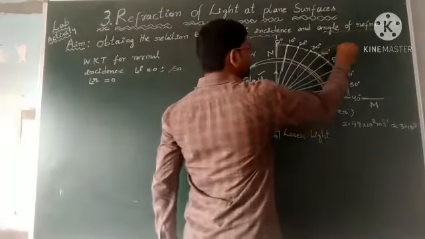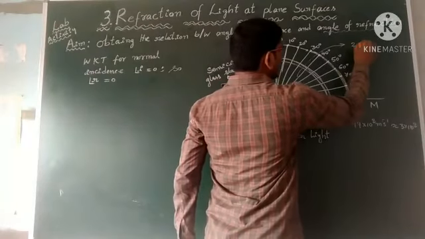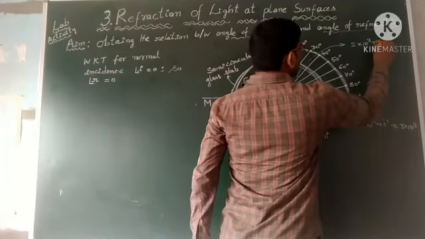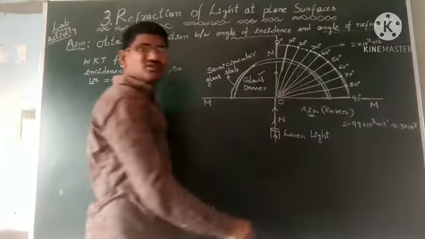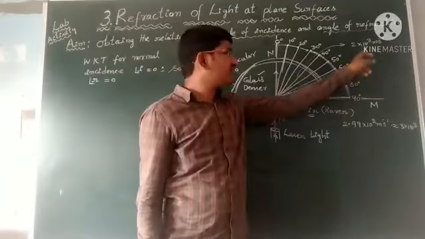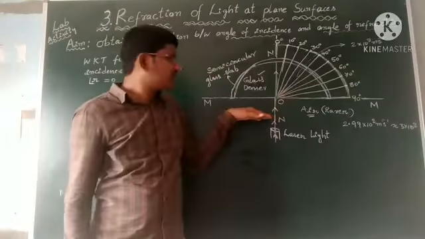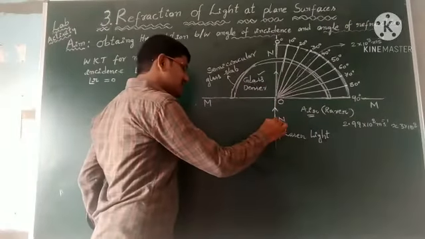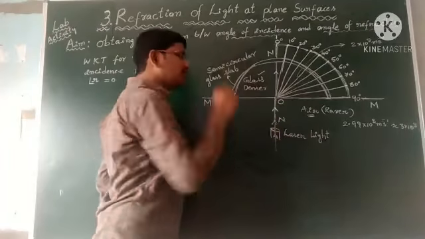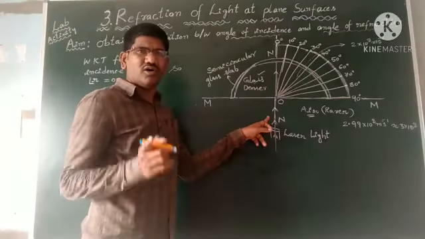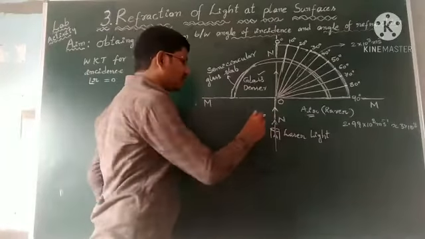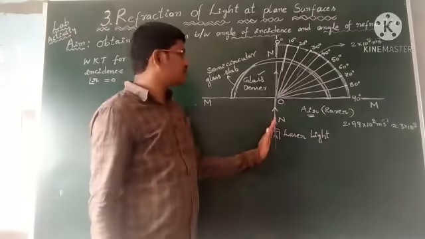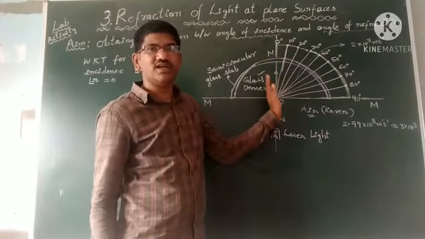And in the glass medium, we can write 2 into 10 power 8 meters per second. So going from air to glass, this is our light ray, it is going along the normal. All angles are measured from the normal. So angle of incidence is 0, angle of refraction is 0, so it will go straight without any deviation.